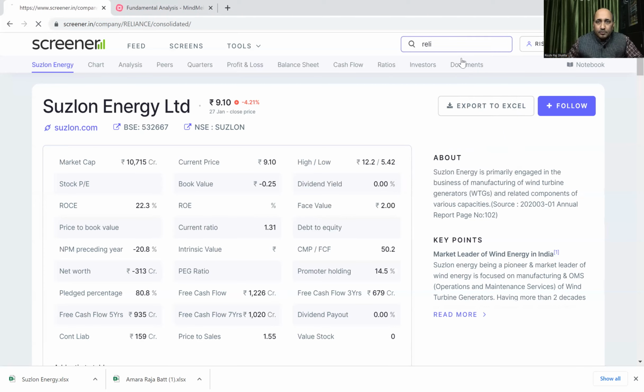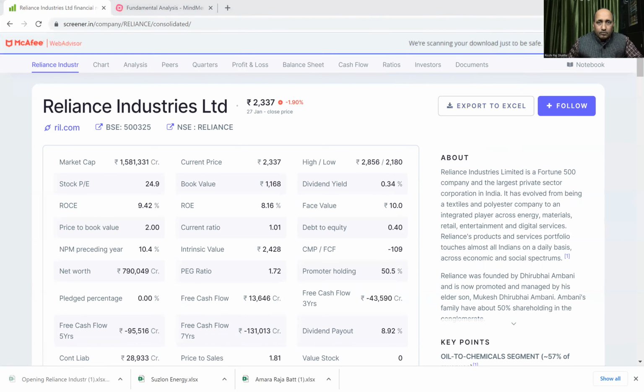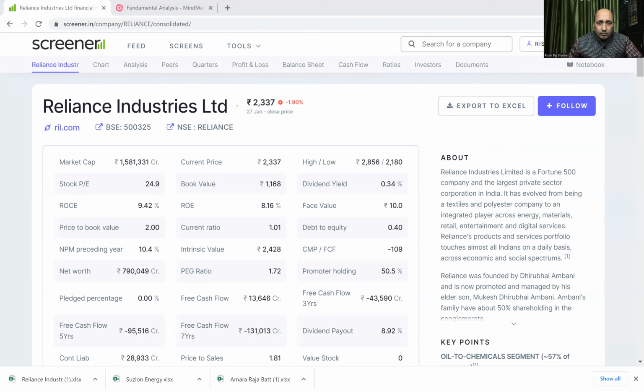Reliance Industries. Now, here you can see interest coverage ratio. Of course, over the last couple of years it has increased, better than earlier.